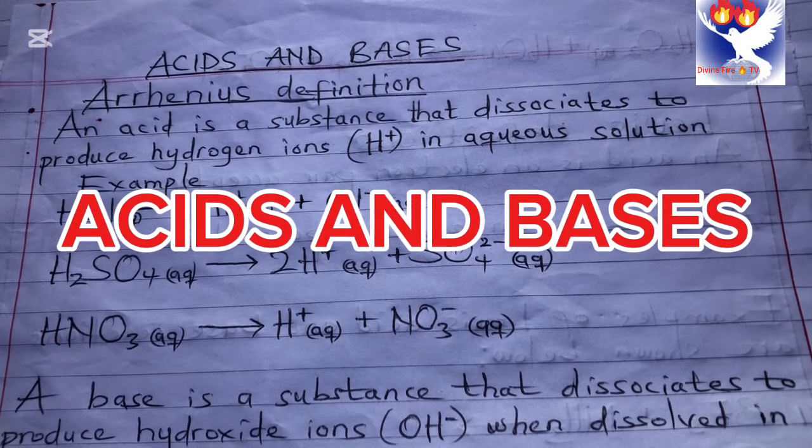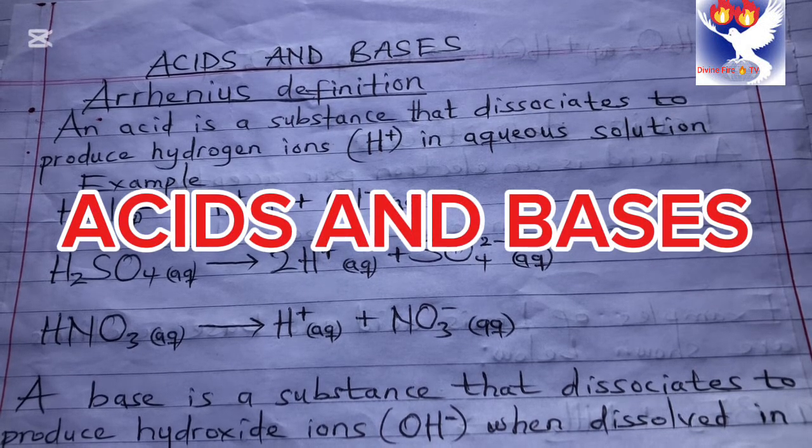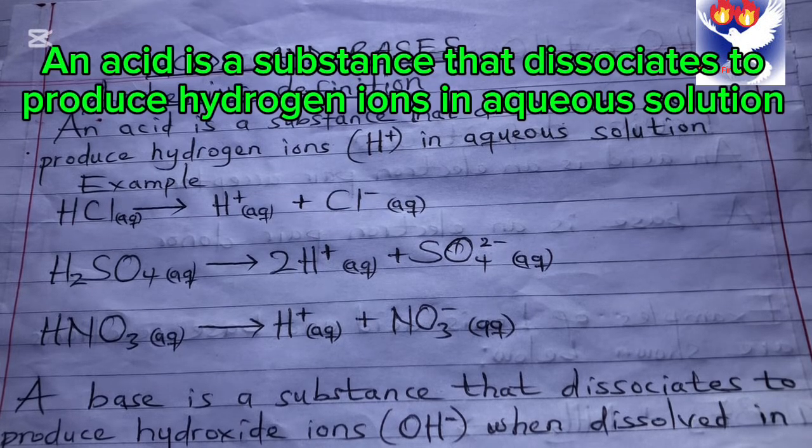According to Arrhenius' theory, an acid is a substance that dissociates to produce hydrogen ions, H+, in aqueous solution.